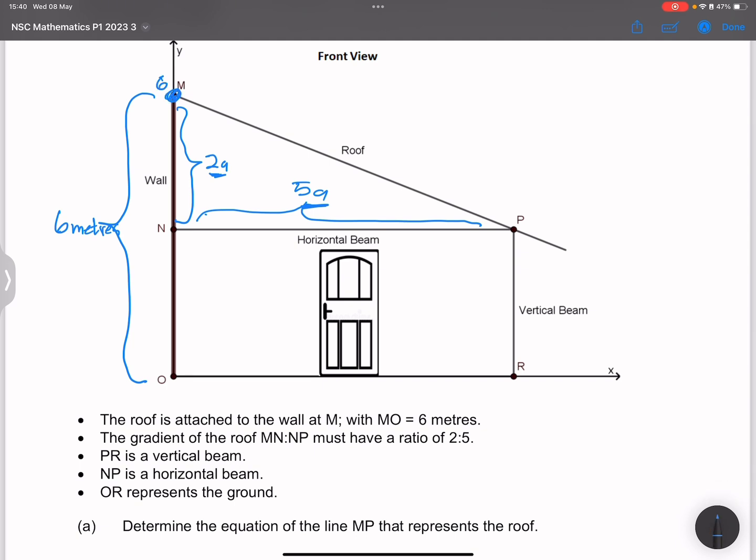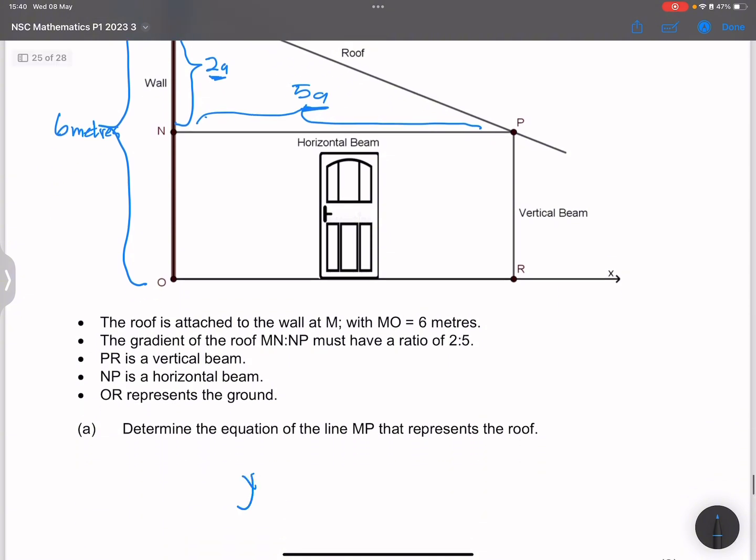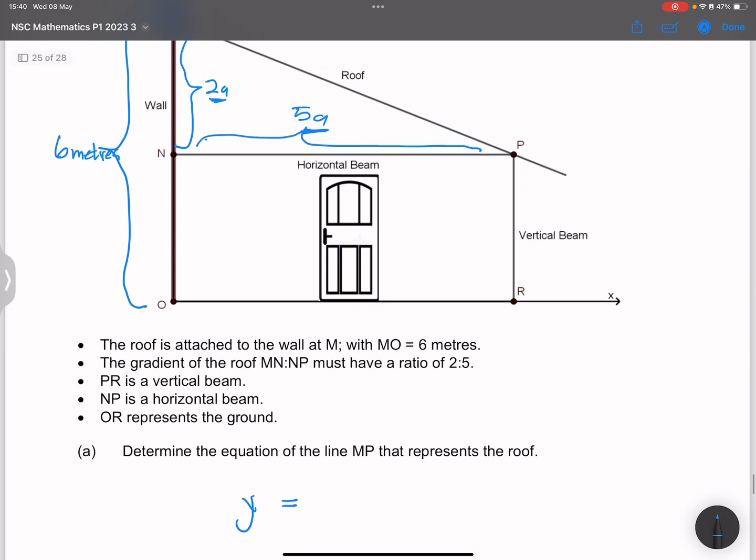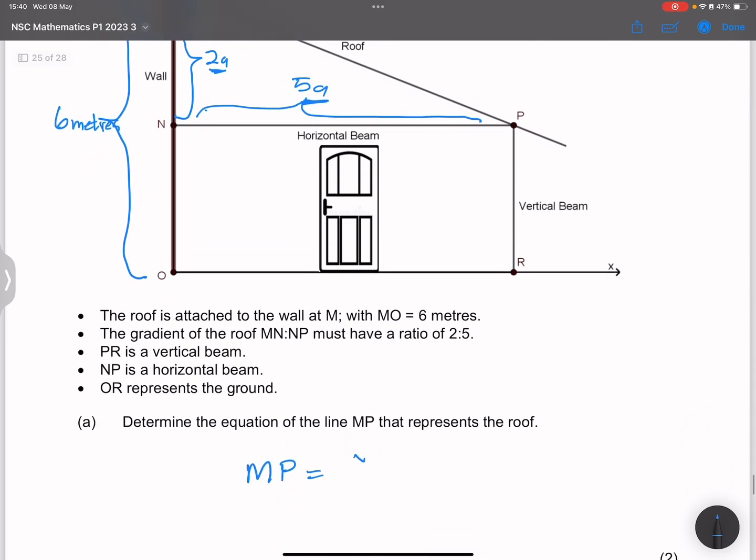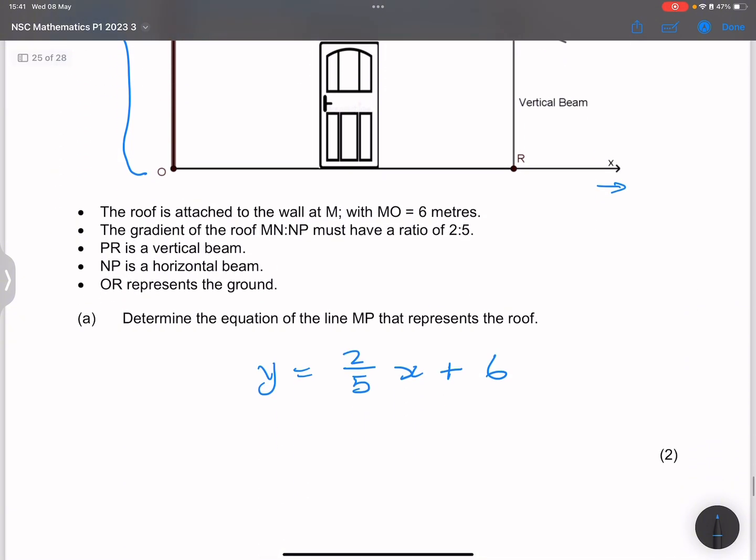That would be your y-intercept. So the equation of MP, they did call it y, so we might as well just call it y. So the equation is y is equal to 2 over 5 x, so this is x going that way, plus 6, which is the y-intercept. All right, that is the equation.